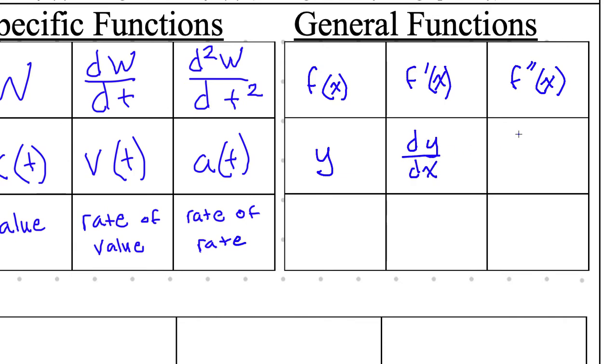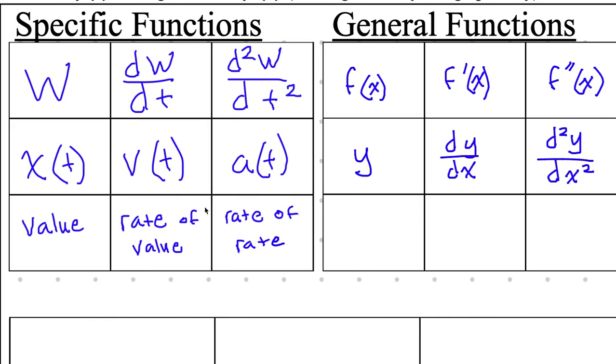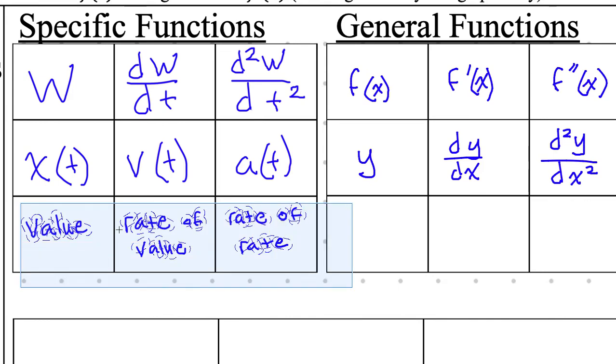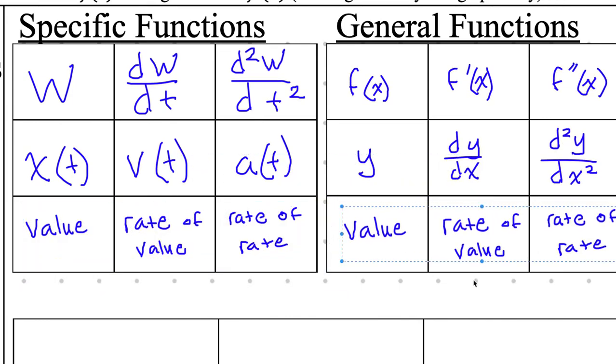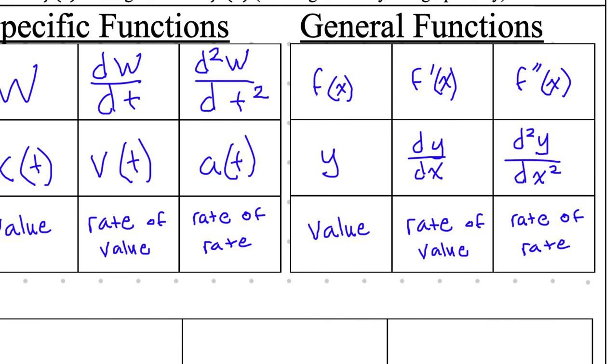And again, the second derivative, d squared y over dx squared. Exactly. And you can kind of just copy paste here. It's value, rate of the value. It's the same thing with a general function. The rate that value is increasing, and then the rate of the rate.